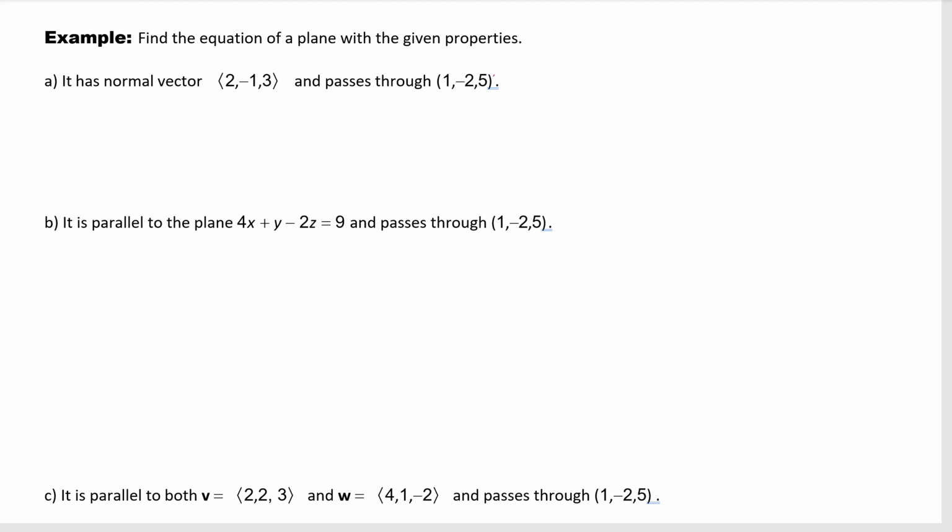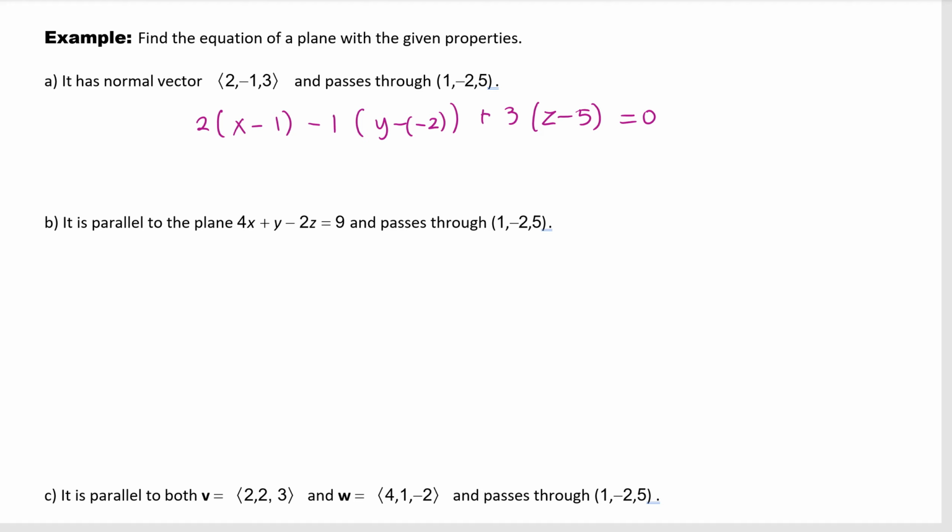So we have 2 times (x minus the x-coordinate of the point, 1), and then -1 times (y minus the y-coordinate of the point, -2), plus 3 times (z minus 5) equals 0.